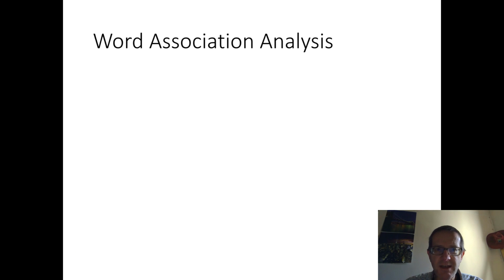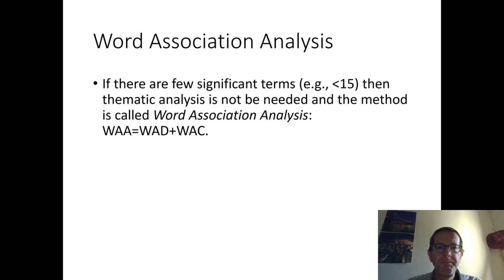Okay, so next stage, word association analysis. If there are few significant terms, say less than 15, then you wouldn't need the thematic analysis stage of word association thematic analysis, and you'll just stop after the contextualization and report the results that you've got. So this would then be called a word association analysis.